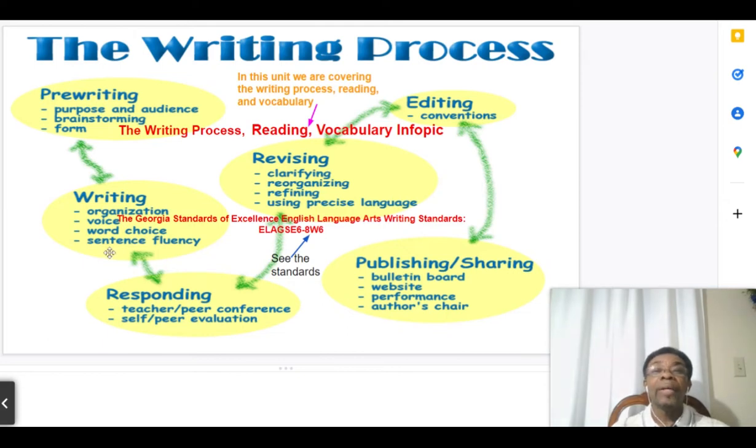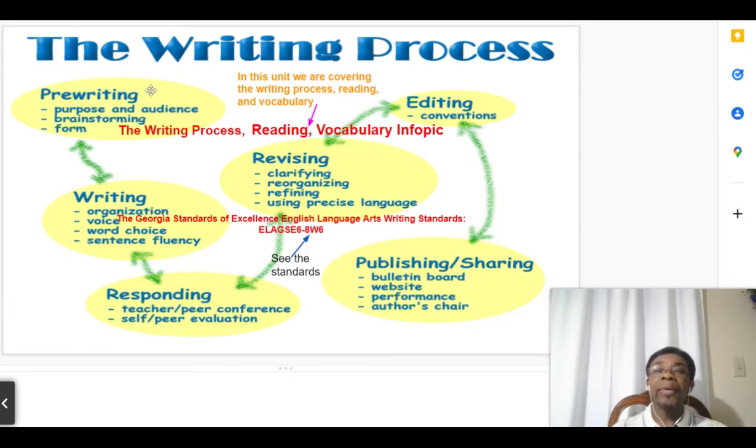When you look at where the arrow is pointing, that tells us that the writing process, reading, and vocabulary is the infographic version of the course, to make it more attractive and more eye catching.